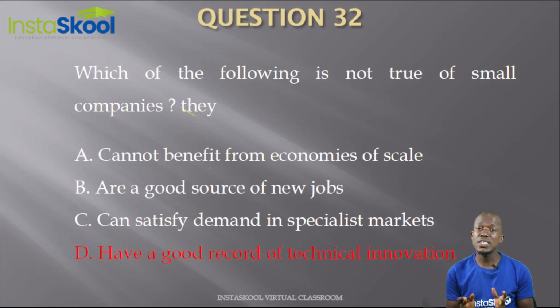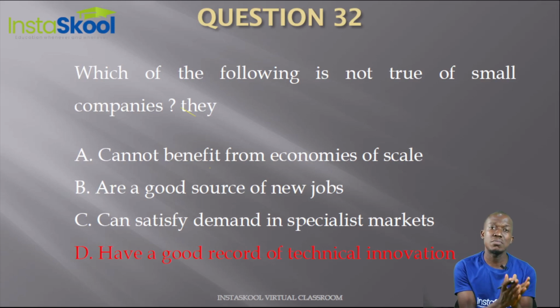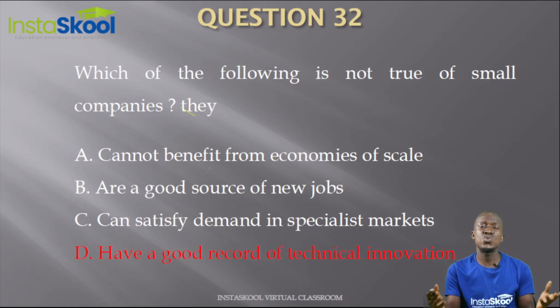Now, a specialist market is a market that does not have large buyers. So, because small-scale companies are easily set up and run, they can be used to address those specialist markets that do not produce large volume of goods.